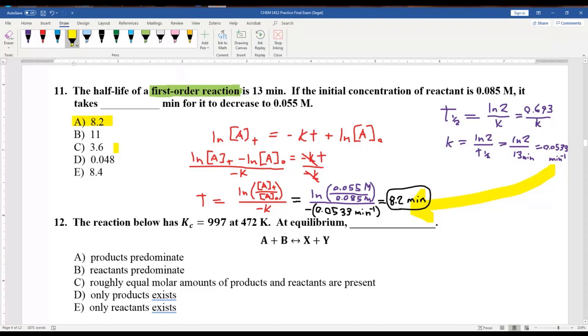Some of them will be obvious, like if it's at 15 minutes or 20 minutes, you could toss that out because for it to be 20 minutes, it would have to be less than half. 0.085 would have to get to less than half. It would have to be like 0.4 or 0.3 for it to be 20 minutes, and probably even lower than that. But so in this case, unfortunately, you do actually just have to calculate it.